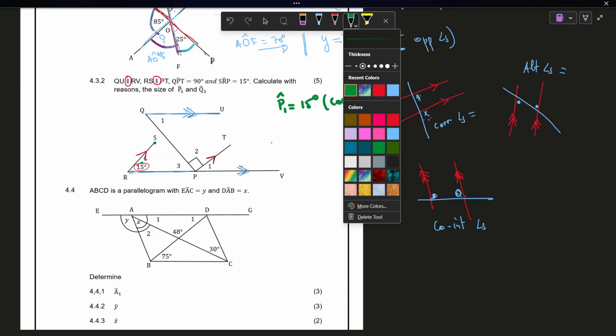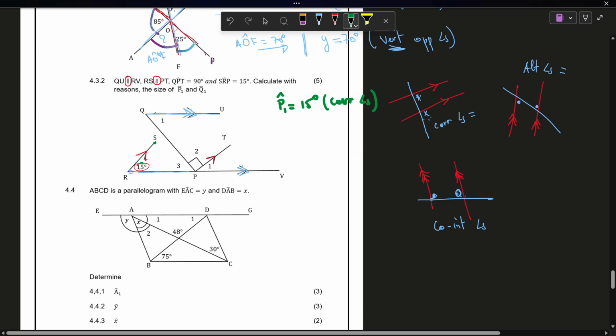Great. Now, what else do we see as a pattern here? Where else do you see lines that are parallel? This one here. This line is parallel to this. So we can also extract something there. What can we see here?